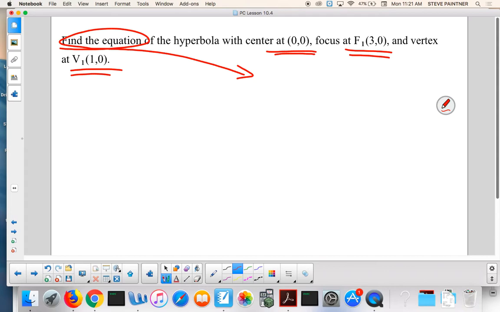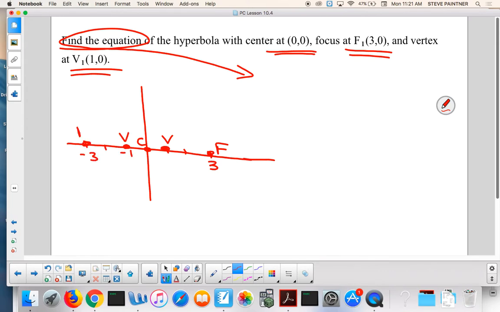Right, left, up, down. Okay, right now tell me, the transverse axis is what?